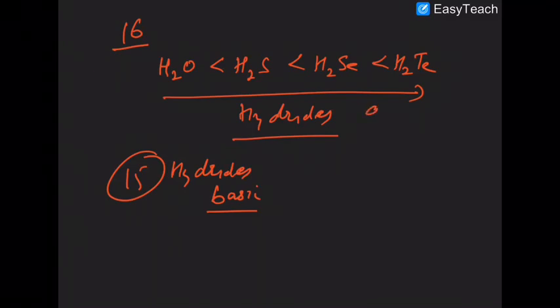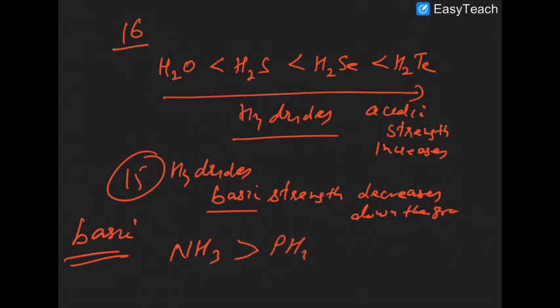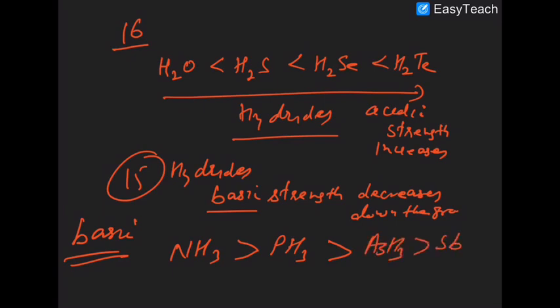So, if acidic strength increases down the group, basic strength decreases down the group. Basic strength means the tendency to give OH negative when dissolved in water. NH3 is more basic than phosphine, more basic than arsine, more basic than stibine.